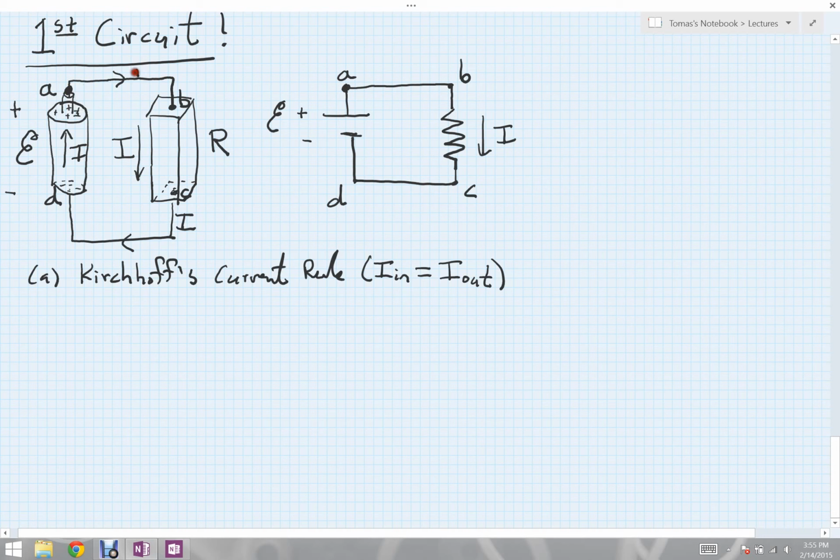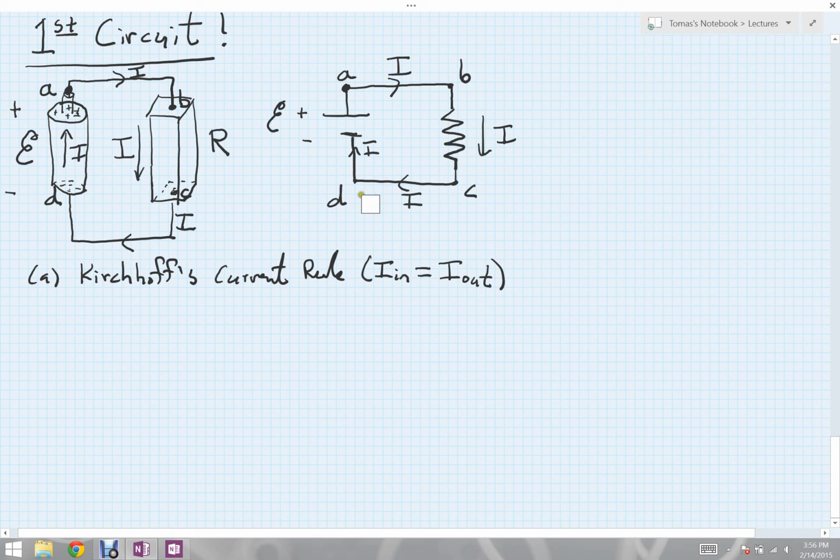So I would have a current I flowing out along there. And if you think about what we've just said, each element here, these two wires and the conducting material and the battery, they all just have this current I flowing right through them all the way around the circuit. In this case, the application of Kirchhoff's current rule was fairly simple.